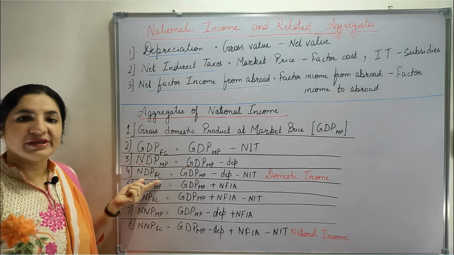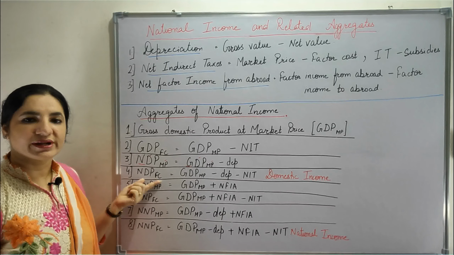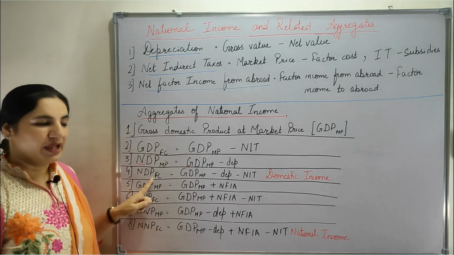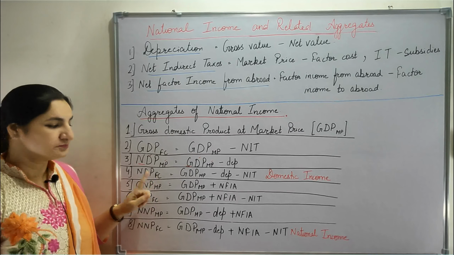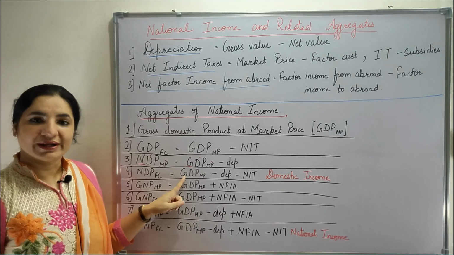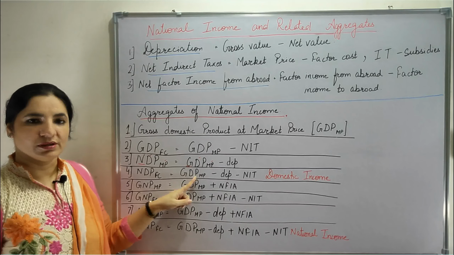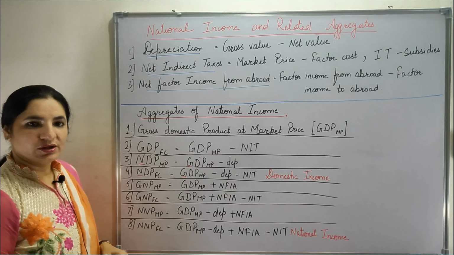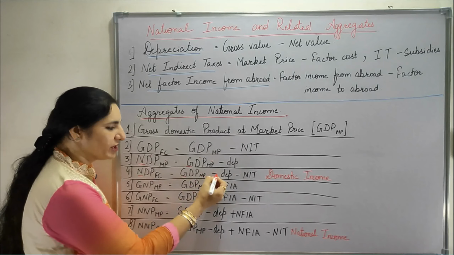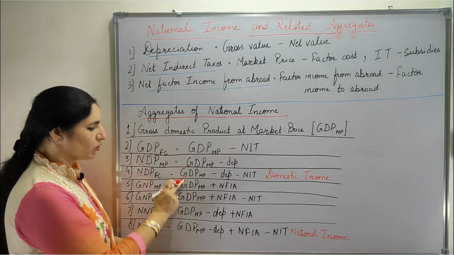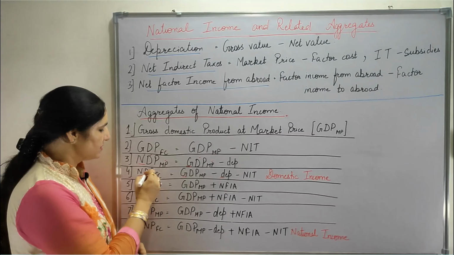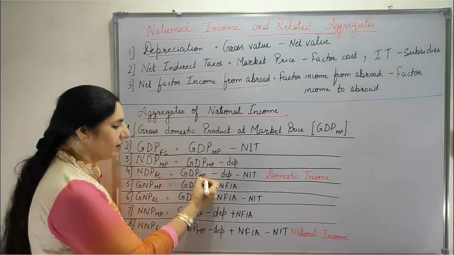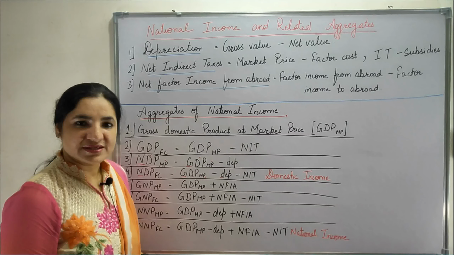Next aggregate is NDP at FC, which is also called as domestic income. It means net domestic product at factor cost. When we try to arrive at this from GDP at MP, we see this is gross and this is net. To make both of them equivalent, we will reduce depreciation from gross to arrive at net. This is domestic and this is domestic, both are equivalent, no changes are required. But here market price is there.